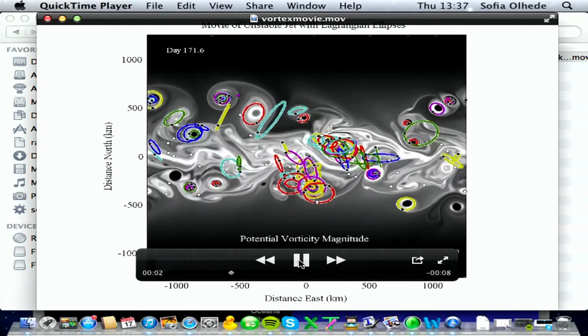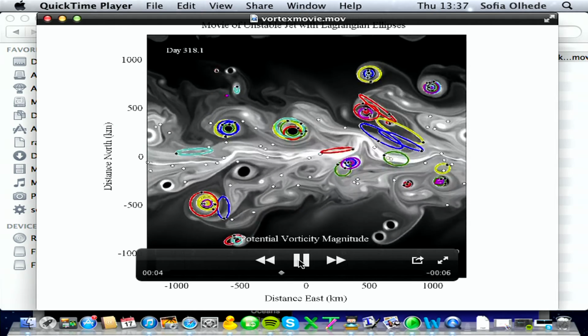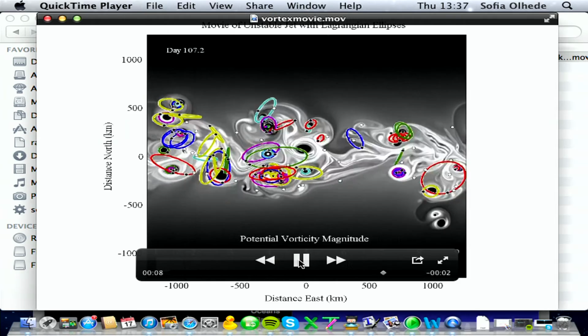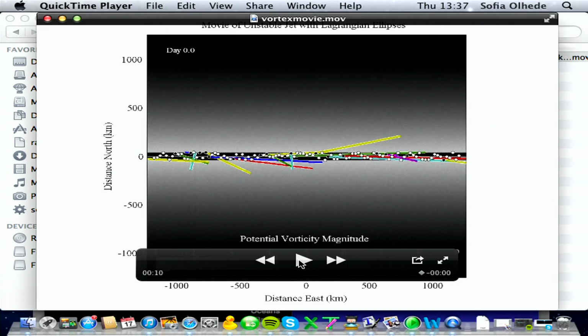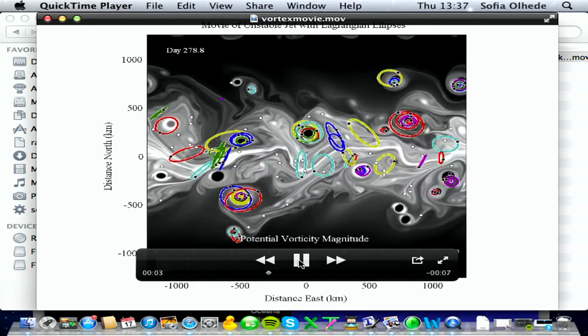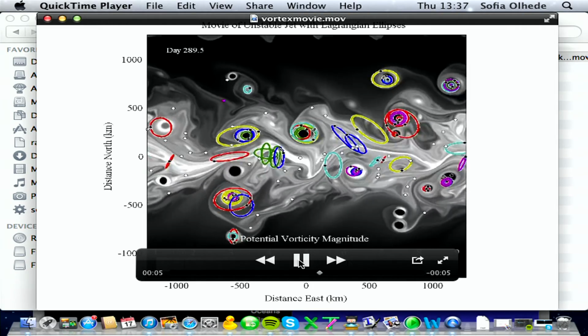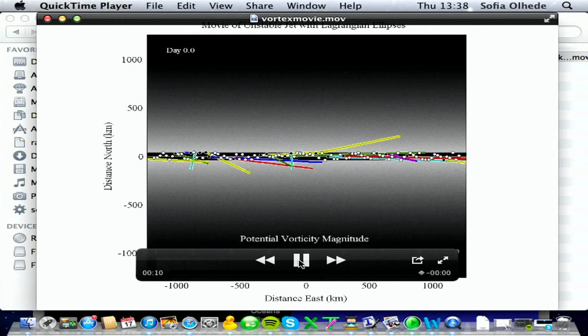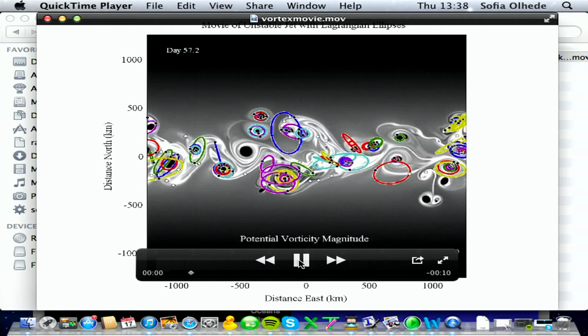So what you see here is a numerical simulation, again, of ocean circulation. And what you see in the actual movies are vortices being generated from this applied mathematical model. And we put trajectories or drifter-like things in this numerical simulation. And what we're doing is extracting or identifying vortices which are in this fluid automatically.